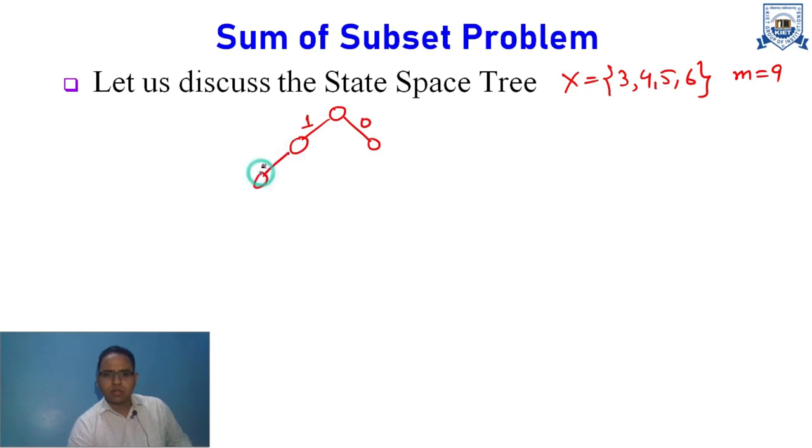Similarly for this one, include or exclude the given weight, and again for this one, include or exclude, like this. So like this we are forming the state space tree. Let's see how this works with our question. Left child means include the weight, and right child means exclude the weight.